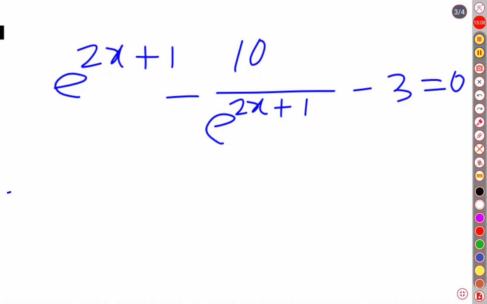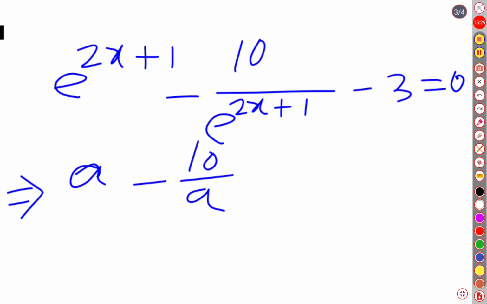How to do this? As this is an equation, we can multiply both sides by something. Let us multiply everything by e raised to 2x plus 1, and suppose this is a. Then it is a minus 10 over a minus 3 is equal to 0.